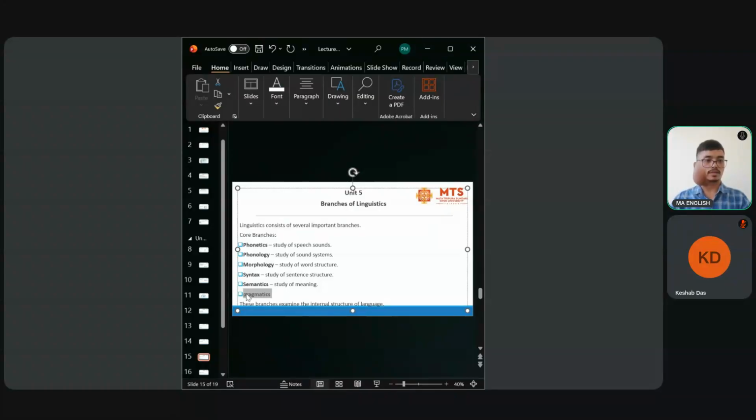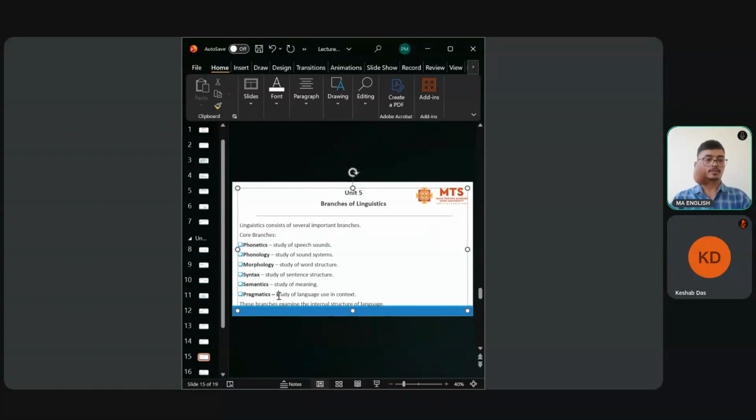Pragmatics. All right. What is this? Do you remember now? This is the study of language used in context. Okay. Let me just unbold it.